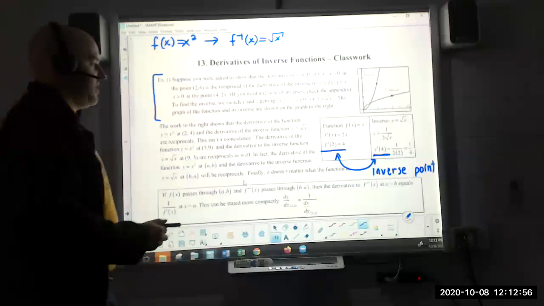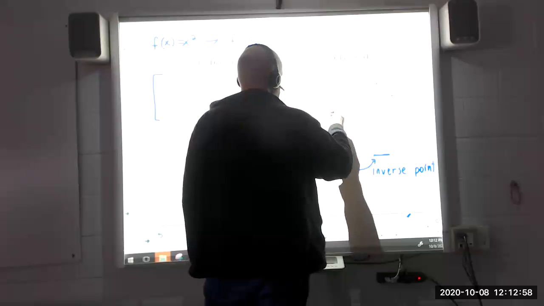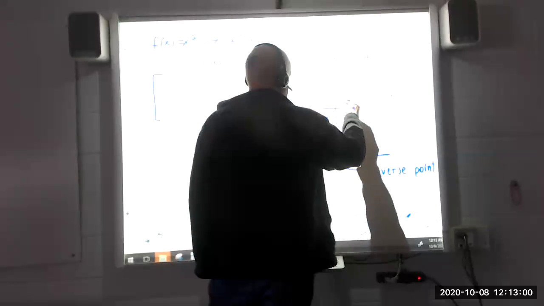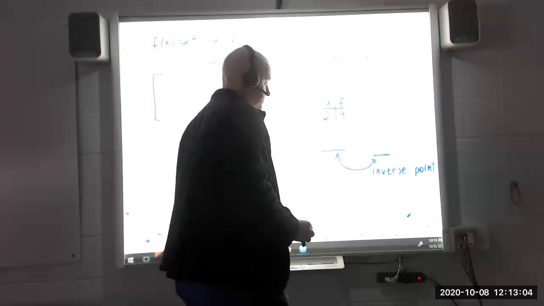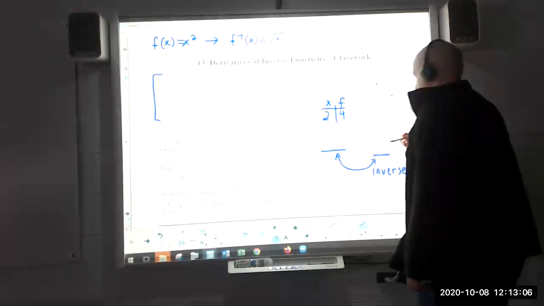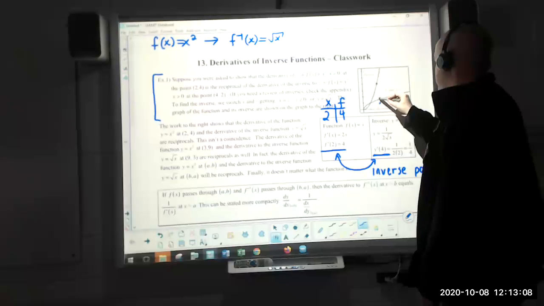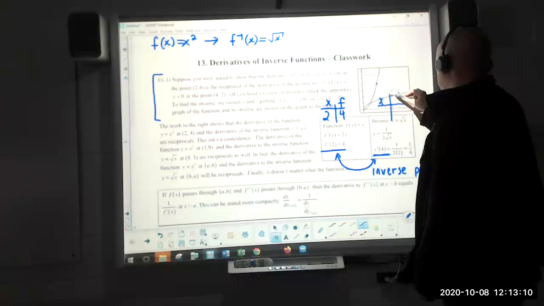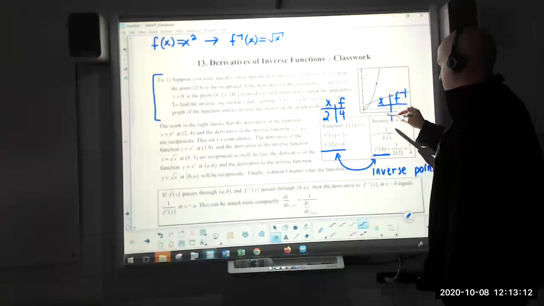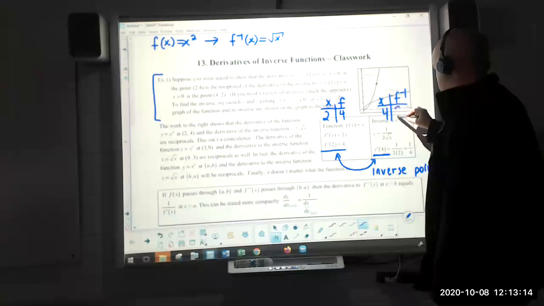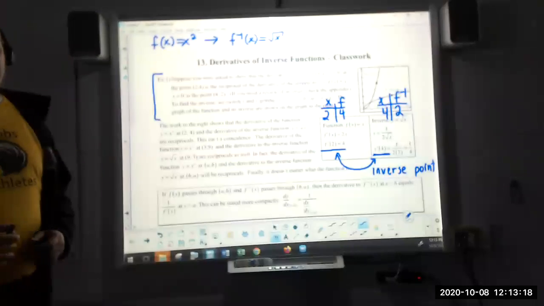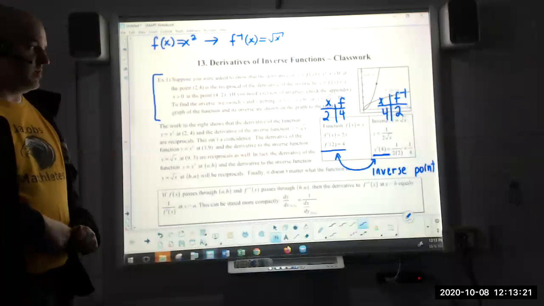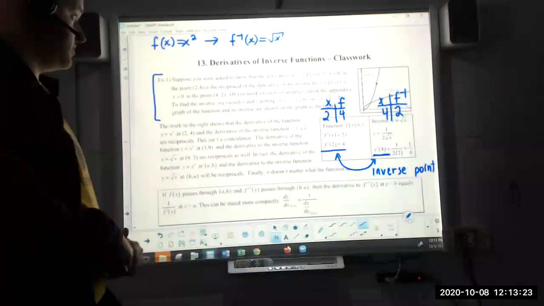So in the function f, 2 is 4. And in the function f inverse, that switches. So you got to be really careful with that. That's a very easy way to get mixed up when you're trying to do inverse function derivatives.